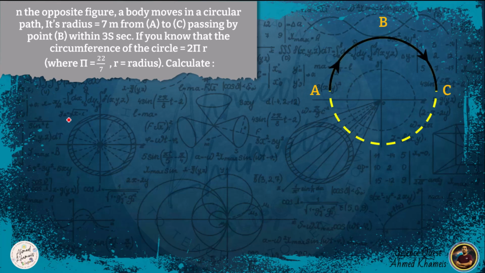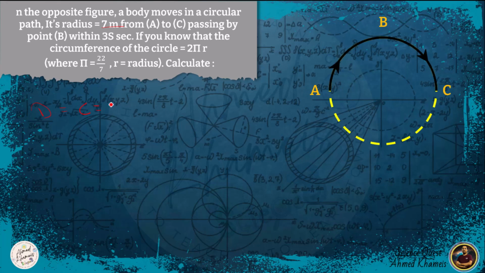In the opposite figure, a body moves in a circular path. Its radius is 7 meters, from A to B and from B to C. Calculate the distance and displacement. The distance is the actual path, and because the object moves half a circle, the distance will be half the circumference. So first we need to calculate the circumference.